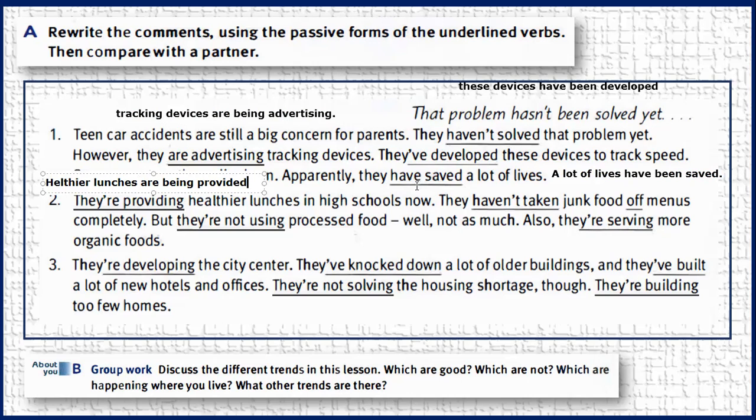Please continue, Eduardo. Junk food hasn't been taken off the menus completely. Very good. Junk food. Hasn't.